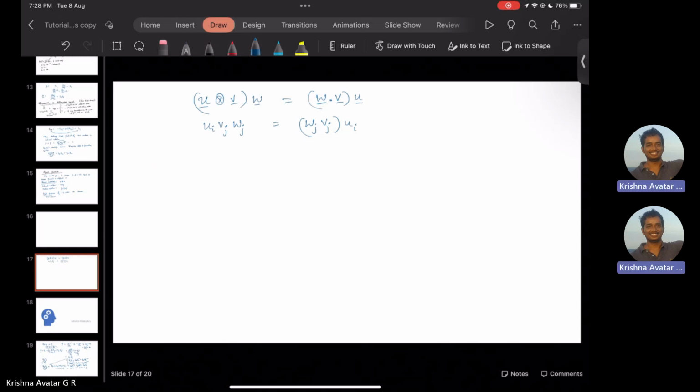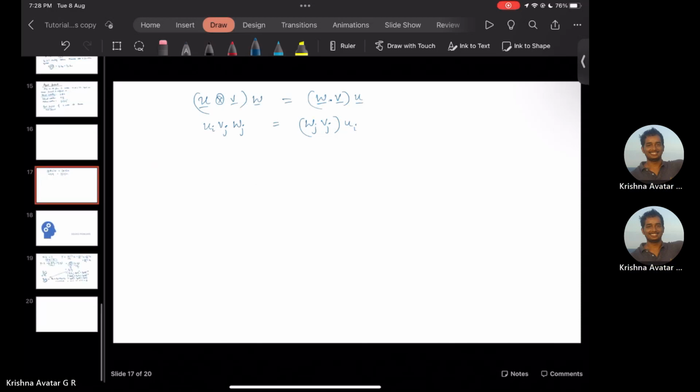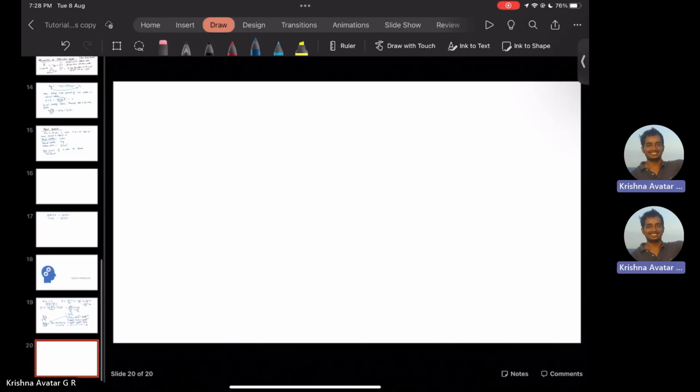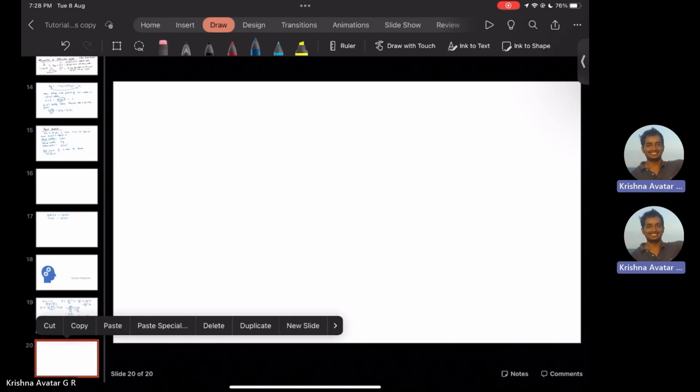Now let us use this property of a dyad in solving an example.